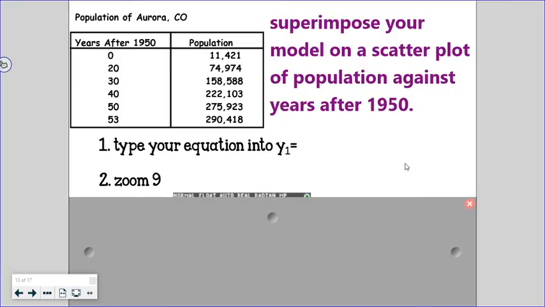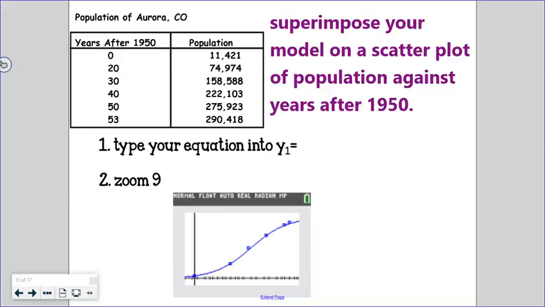But you got to turn your scatter plot back on. You should see something that looks like this. And we're going to pause because this is where people tend to need a little help. So, anyone not getting a picture that looks like that?